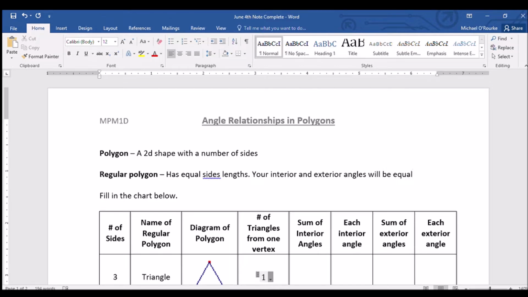So all your angles within that shape will be equal if you have a regular polygon. For an irregular polygon, the angles and the side lengths will not be equal. But if it is a regular polygon, you know they're all equal.